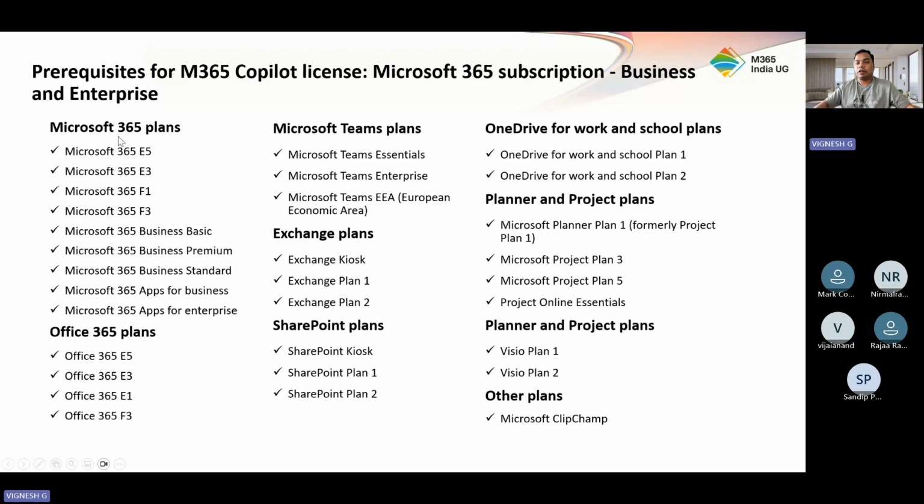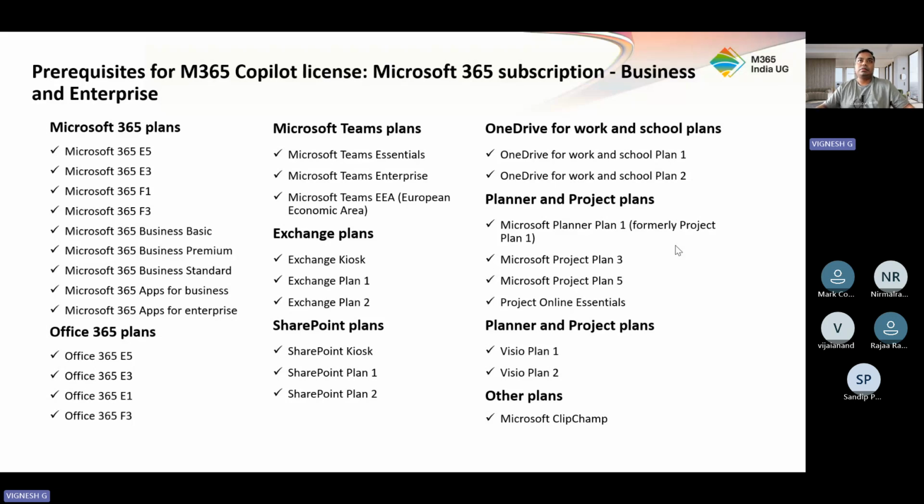So these are all the different Microsoft 365 plans. And if you're having a Teams plan, the Teams Essentials or something, or OneDrive, because you've got to think that in an enterprise, not everybody is going to be given an E3 or an E5 or an E1, right? That is going to be a mix of licenses based on the user persona.